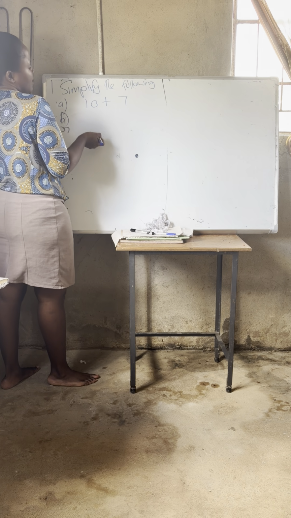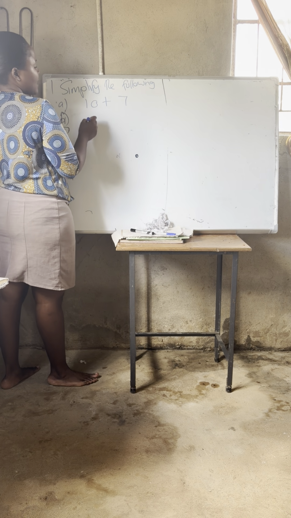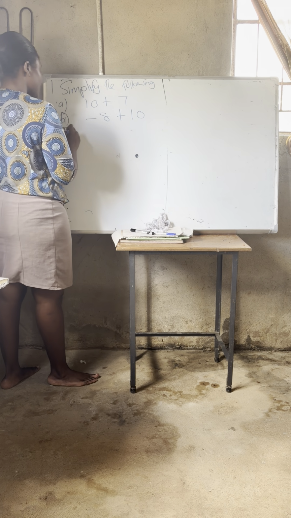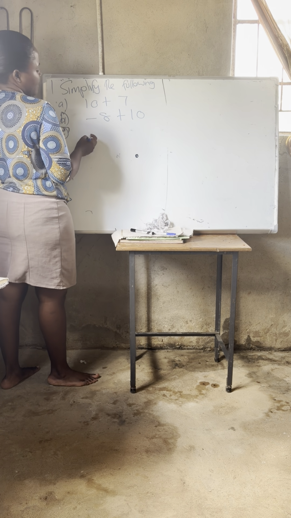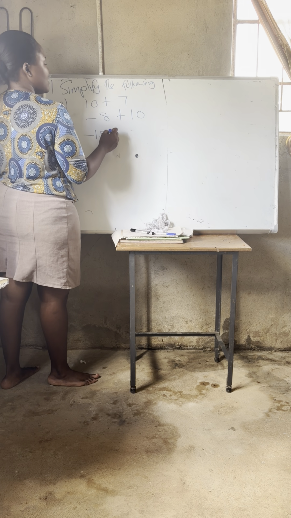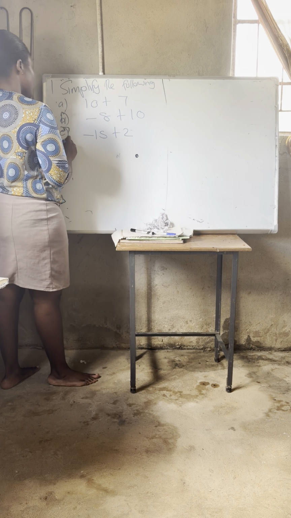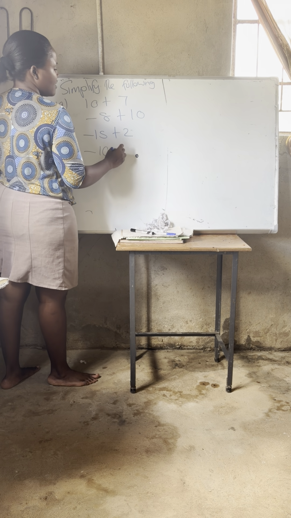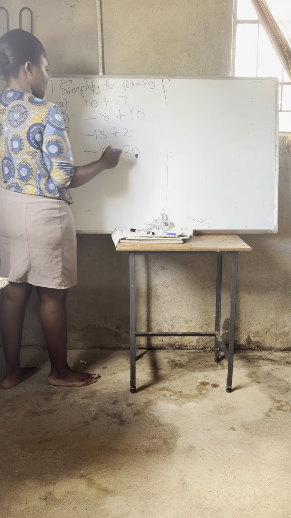On B, you are given something like negative 8 plus 10. Number C, you are given negative 15, let's say plus 2. Number D, you are given negative 10 minus 20.